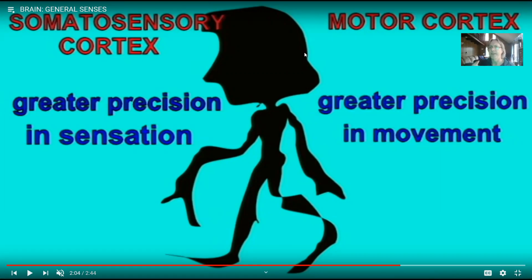But the size of the area on the somatosensory cortex does not correspond to the size of that body part, but rather the number of receptors which are there and your ability to precisely locate stimuli there. So the bigger the area on the somatosensory cortex, the better you can locate a stimulus there. So you're far more sensitive on your face and your fingertips than you are on your back.